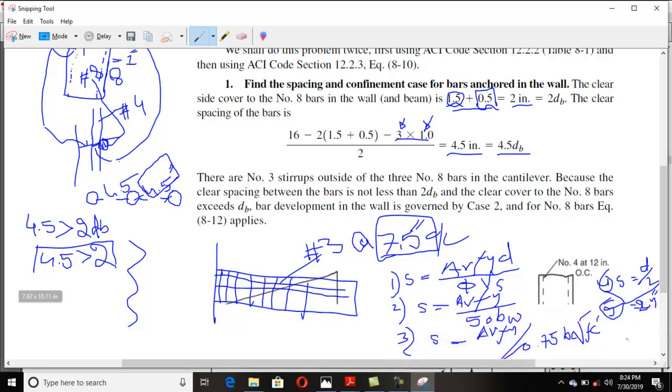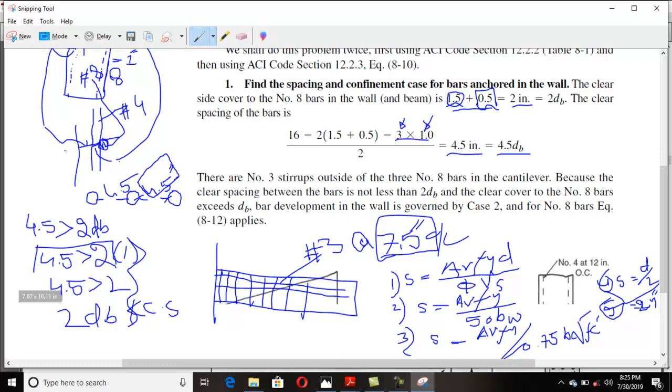So basically you will check this case number 2. As 4.5 inch is more than 2 inch, therefore it says that 2 dB is not less than the clear spacing.